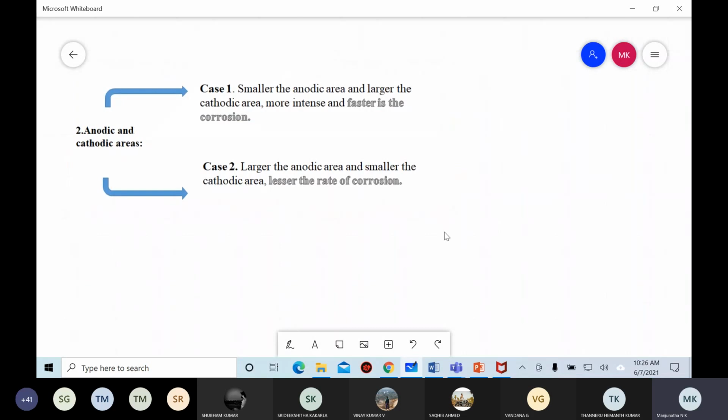How much anodic area and how much cathodic area is formed on the surface of the metal, that area of anode and cathode also affects the rate of corrosion, in which there are 2 cases.